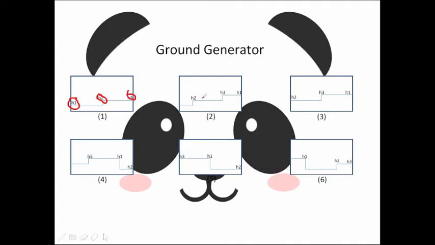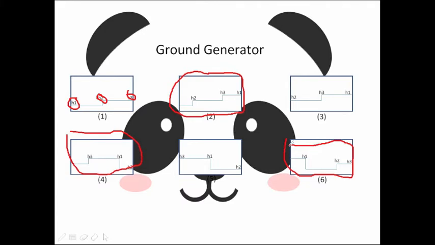As you can see, there are 3 cases. First, H1 is bigger than 0 and less than 320. Second, H3 is bigger than 0 and less than 320. Third, H1 is bigger than 0 and less than 320.